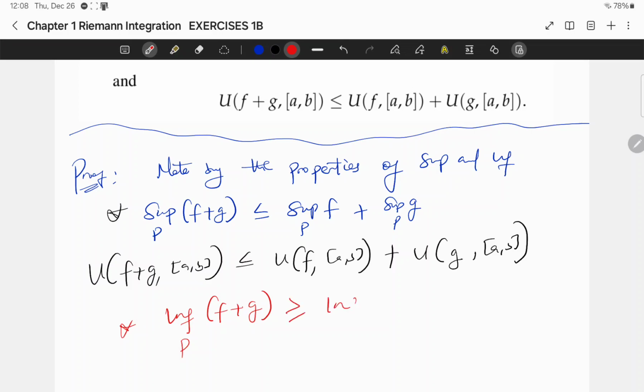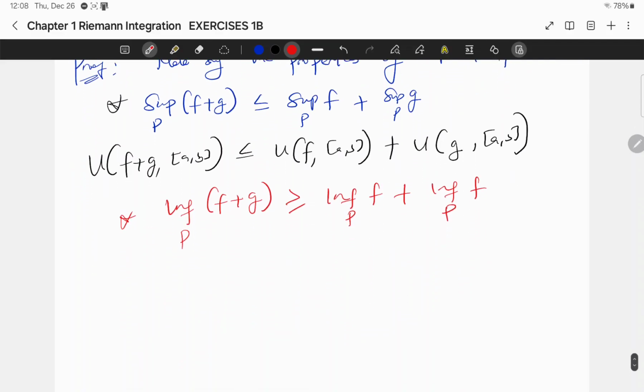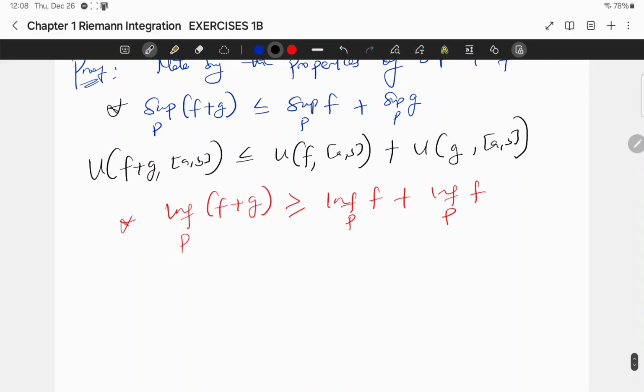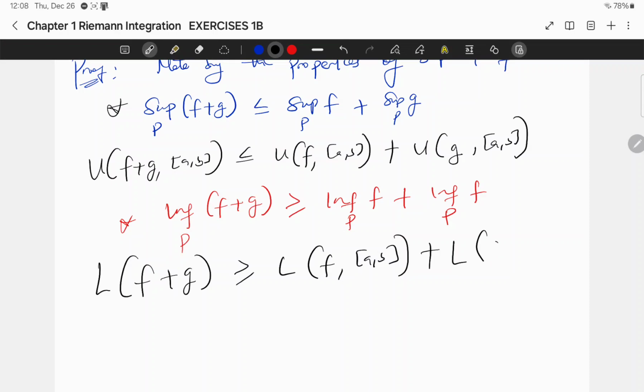This will be greater than or equal to the infimum of f over P plus the infimum of g over P. With this condition and the definitions of the Riemann sum, we have this, and that concludes the proof.